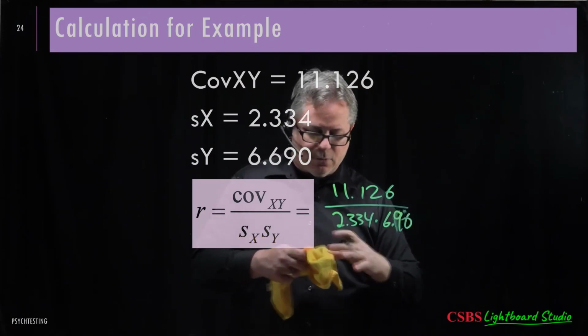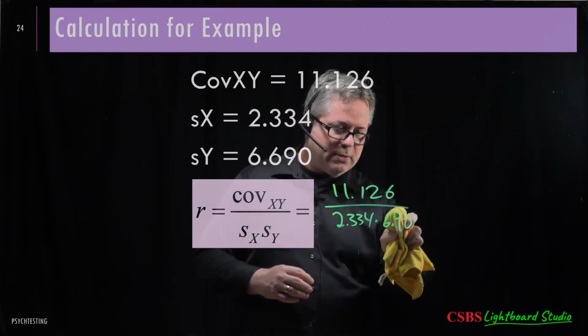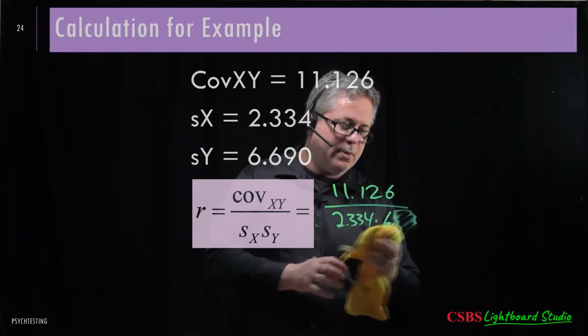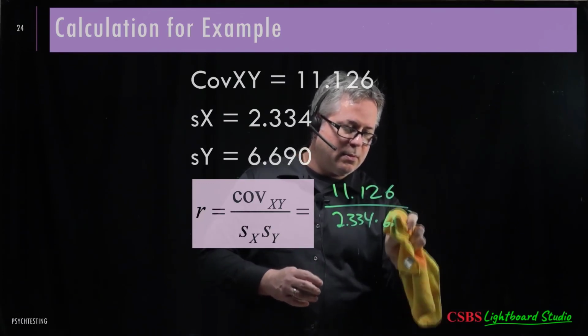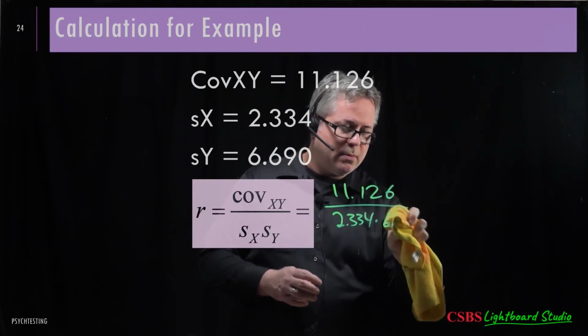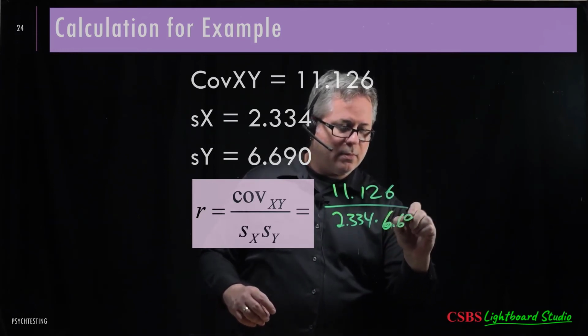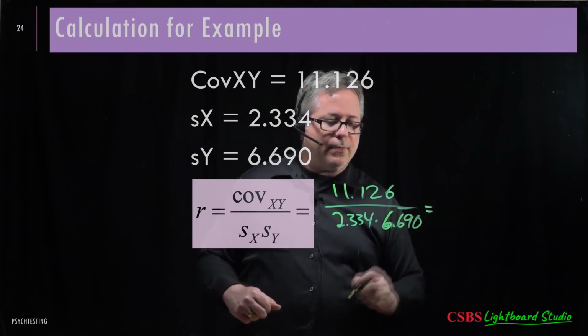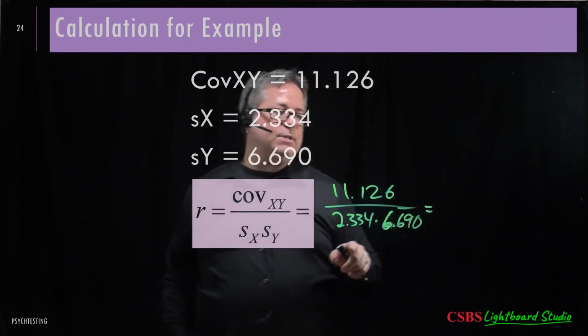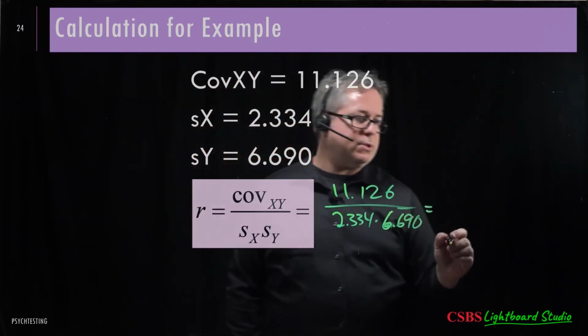Oops, did it wrong again. 6.690. So what do I get if I take 2.334 times 6.690? What's the product of those two?